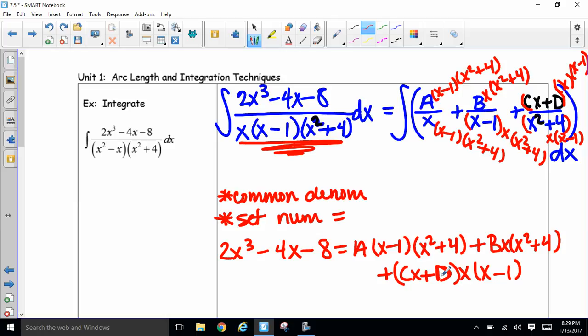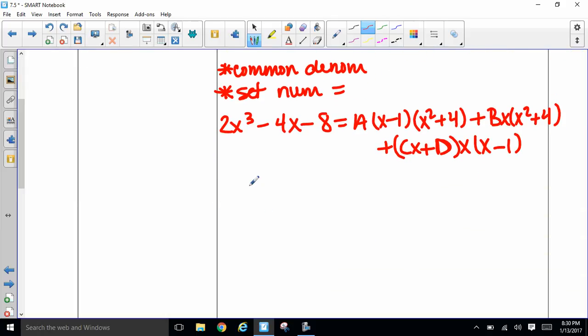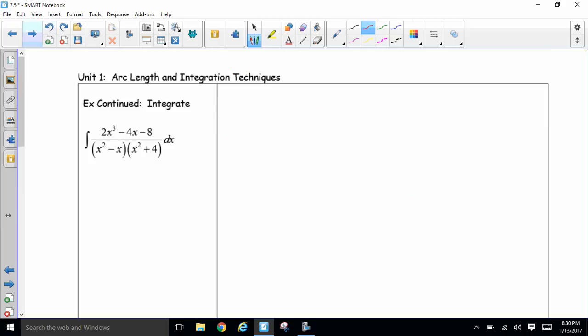So this one is definitely more complicated. But we are now at the point where this would be the algebra idea of how do I find, so I need to solve for A and B and C and D. And I will go back in the other video and talk to you about the algebra involved for that. Okay. Next page, we'll finish up the calculus for this.